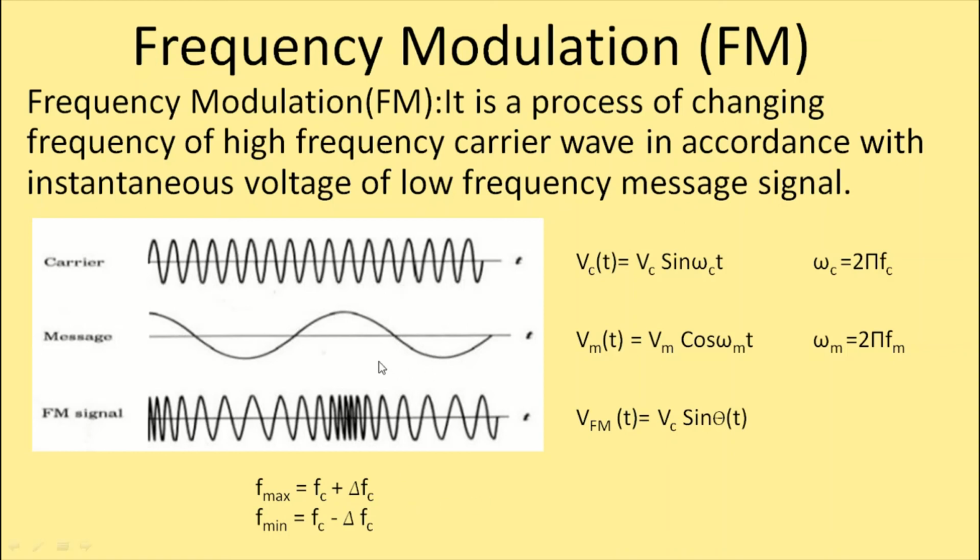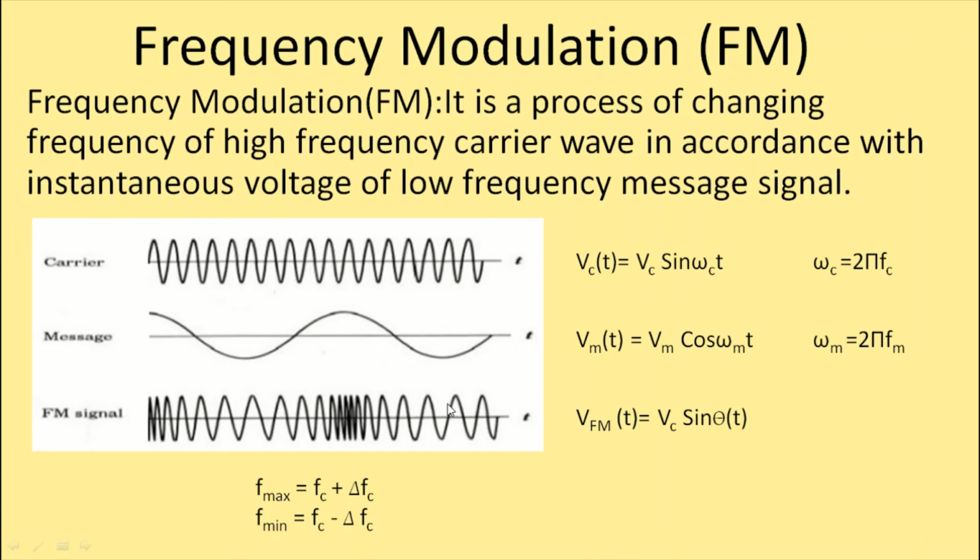Always remember, whatever is the amplitude at the positive peak here, I have taken the same amplitude here for the negative peak. I have already told that this is nothing but a cos wave. So the amplitudes at both the negative and the positive peak are always equal. So that means whatever amount the frequency of the FM signal has increased at the positive peak of the message signal, by the same amount at the negative peak of the message signal, the frequency would have decreased.